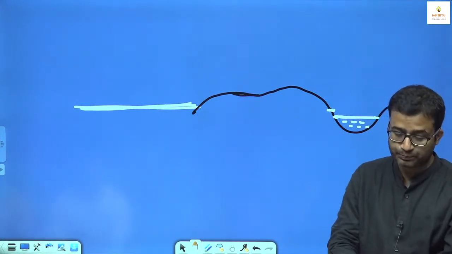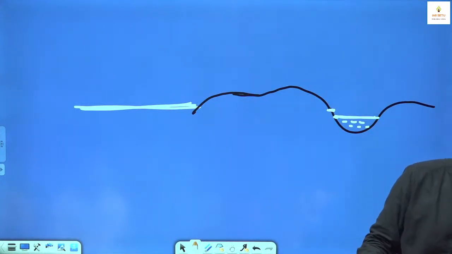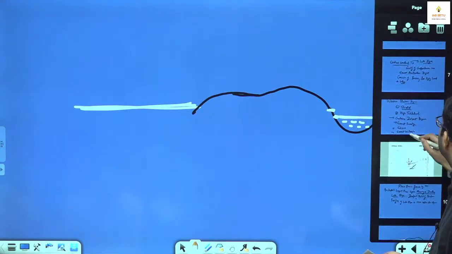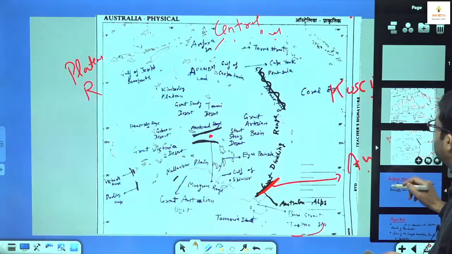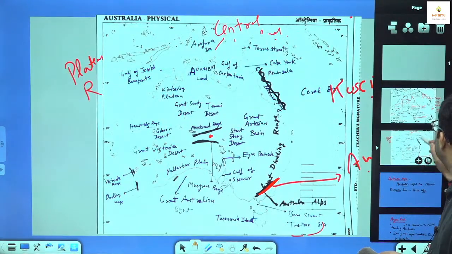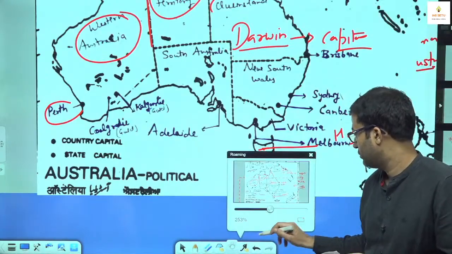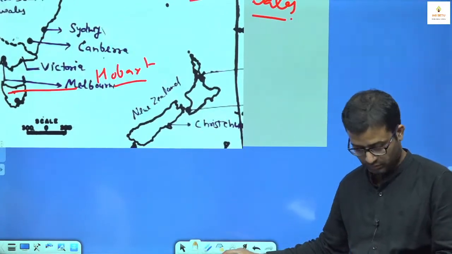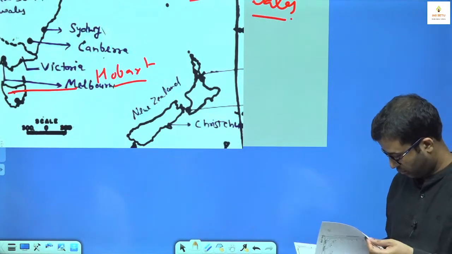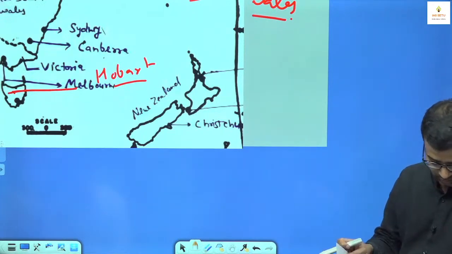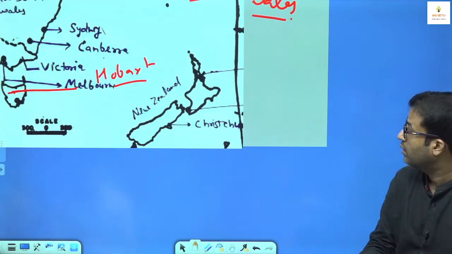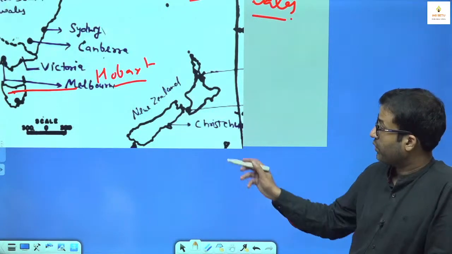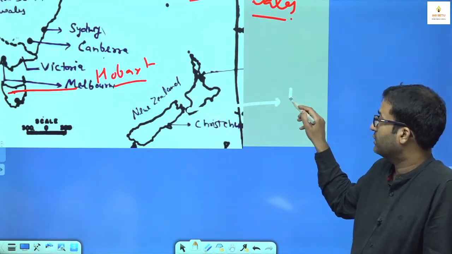Now after this, next we will see important information on New Zealand. This city here is Wellington.